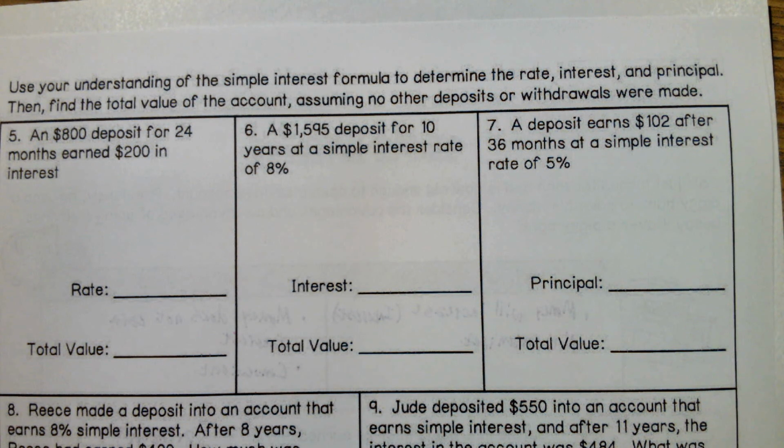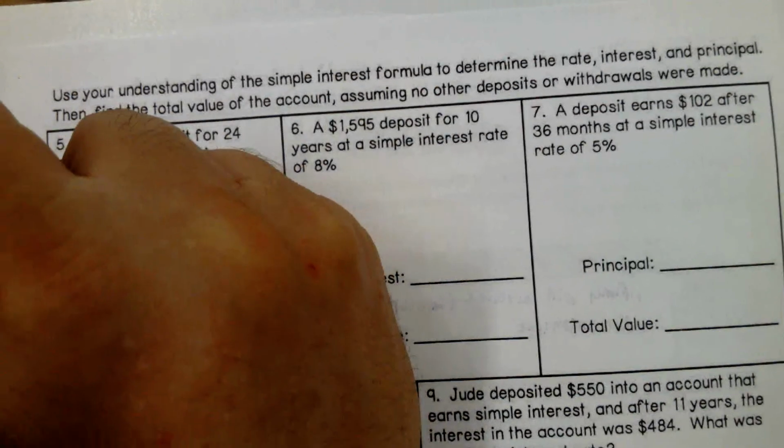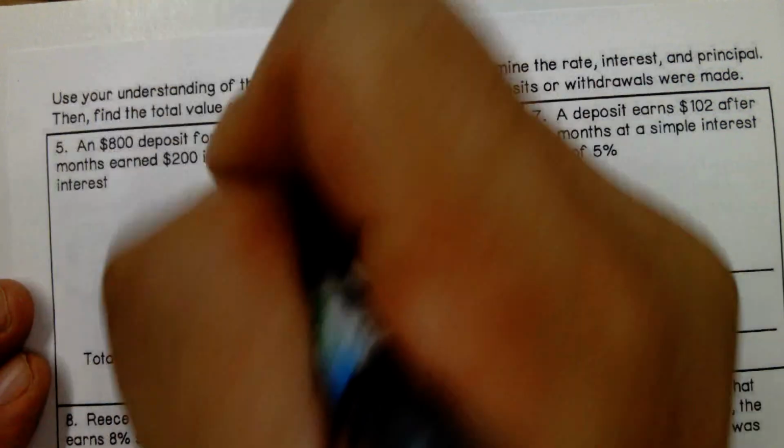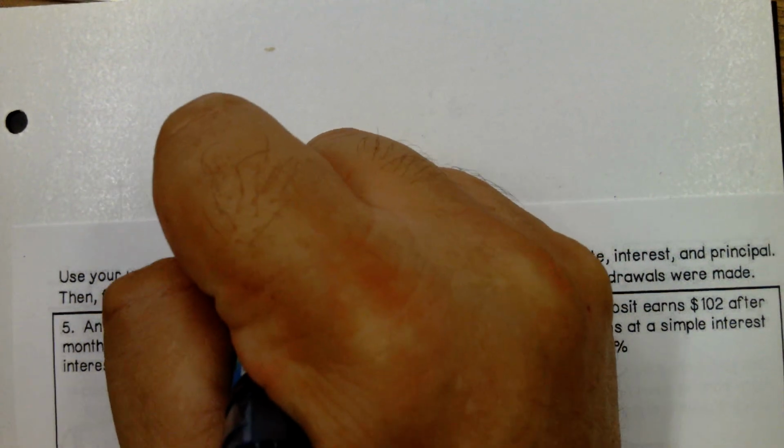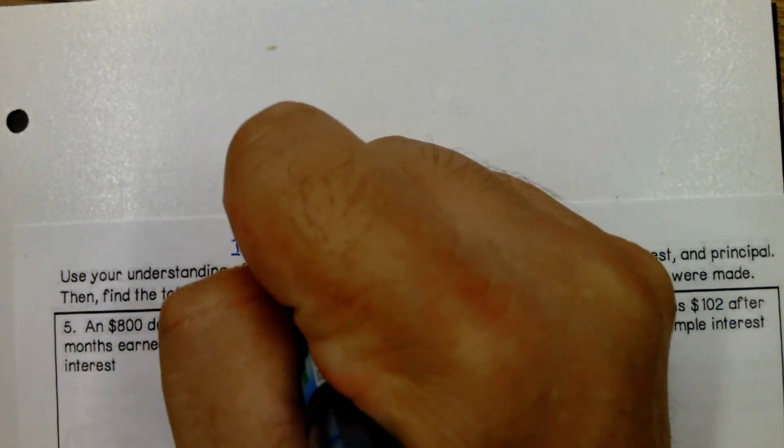An $800 deposit for 24 months earned $200 in interest. Okay, so let's go ahead and set this up. We have our formula. I'll write it up here. I equals principal times rate times time.